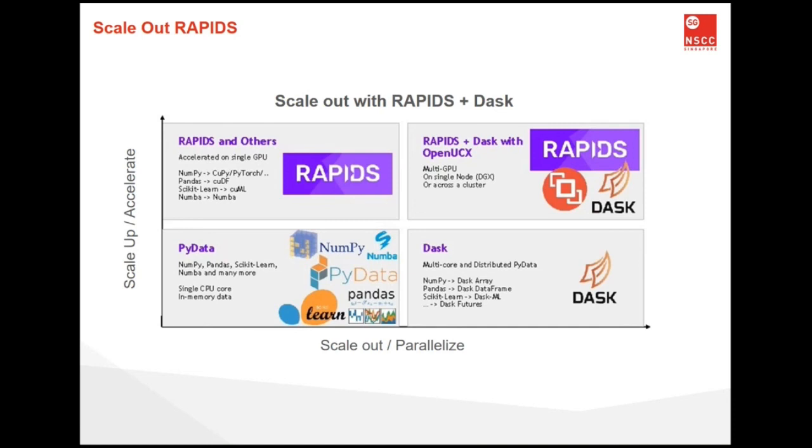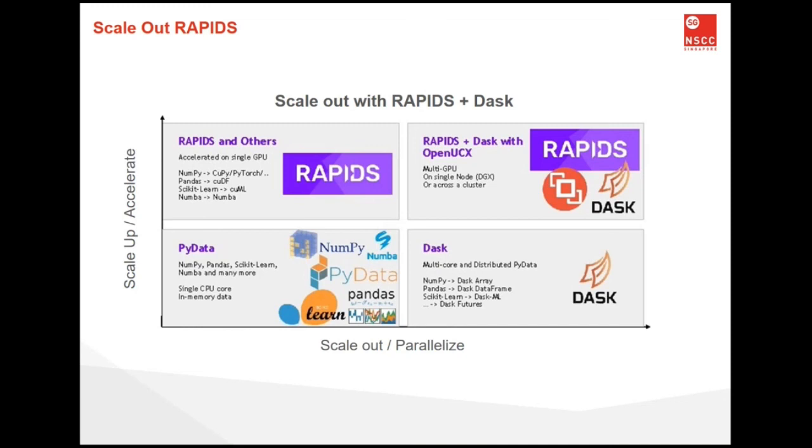So RAPIDS enables us to scale up from CPUs to GPUs the PyData ecosystem effectively, with pandas and scikit-learn. We can also accelerate NumPy using a package called CuPy, which is part of RAPIDS. And Numba is another big part of that.